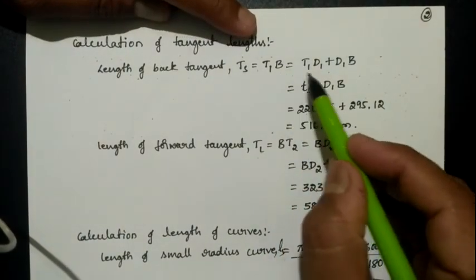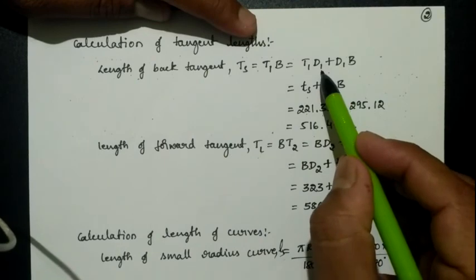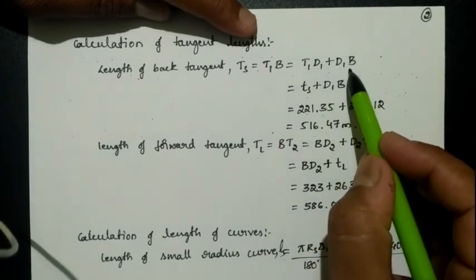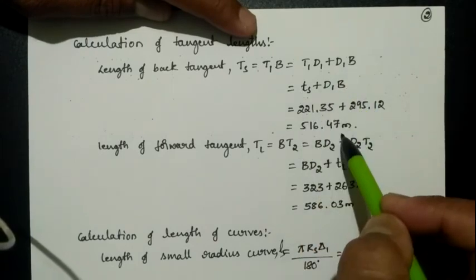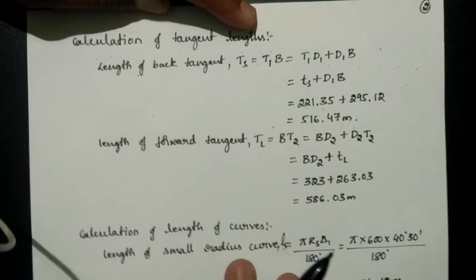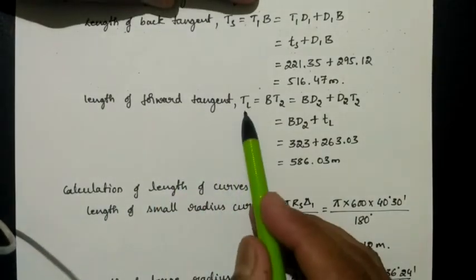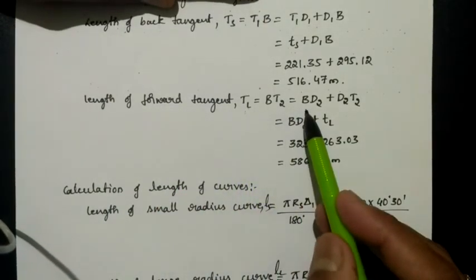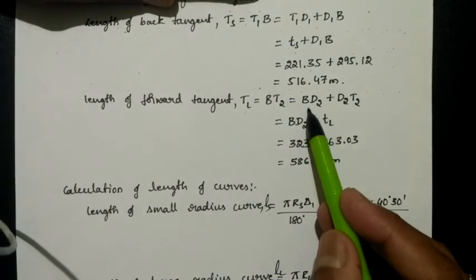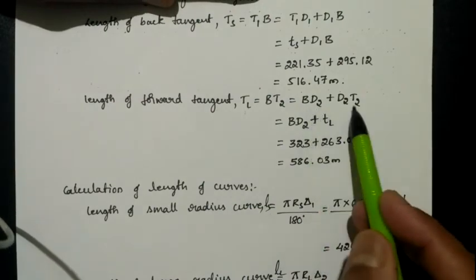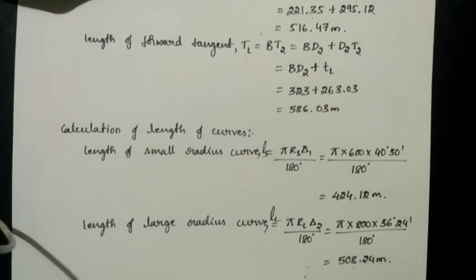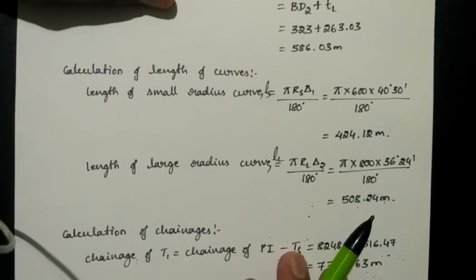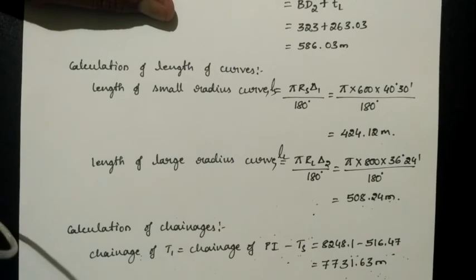That means, as I told, it is consisting of T1D1 and D1B. The length is coming around 516.47. Similarly, the forward tangent length, it is designated as capital TL. It consists of two parts, BD2 and D2T2. It comes around 586.03. Now we have to calculate the chainage, which is the next element.